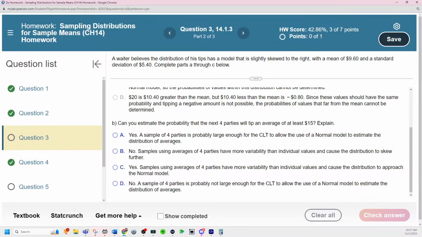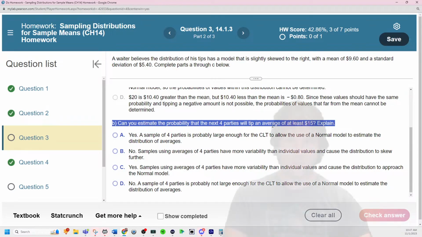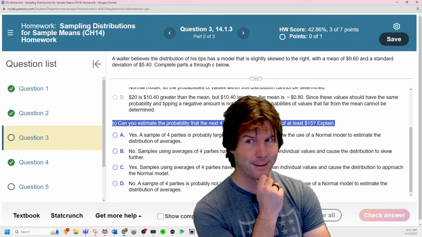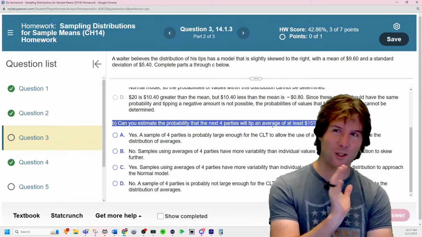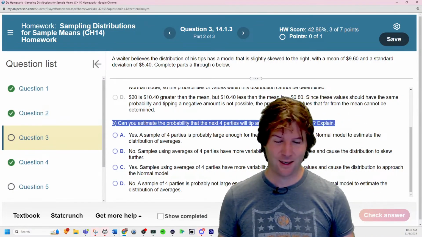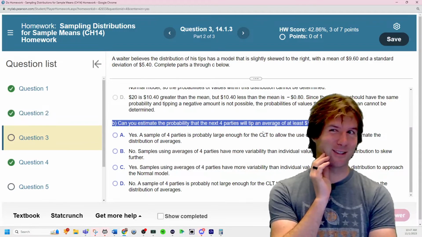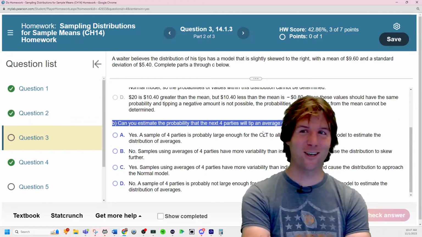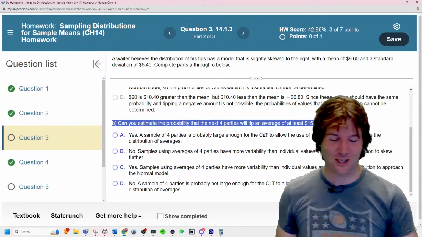But it should say explain why you can't use the normal model. Can you estimate the probability that the next 4 parties... So what condition is this getting into right here? It's like, well, could you do it for 4 parties? It's trying to see if the sample is large enough. It says slightly skewed, so this is a little bit of skew.